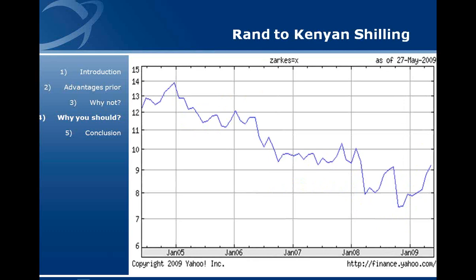Ladies and gentlemen, sure, this graph goes up and down, but the bottom line is it's following one trend. And I think statistically you need to understand that while inflation in Australia is around 4, 5, 6%, and inflation in South Africa is around 10%, while there's that 5, 6% gap, it's economic fact that over the medium to long term, the rand will continue to devalue against these first world currencies.